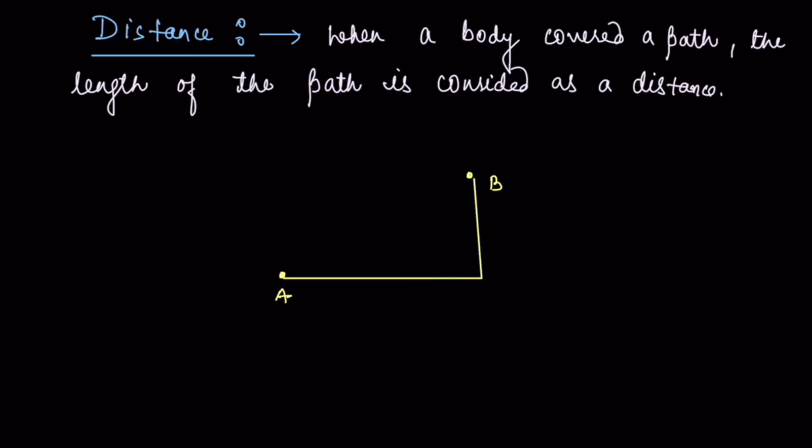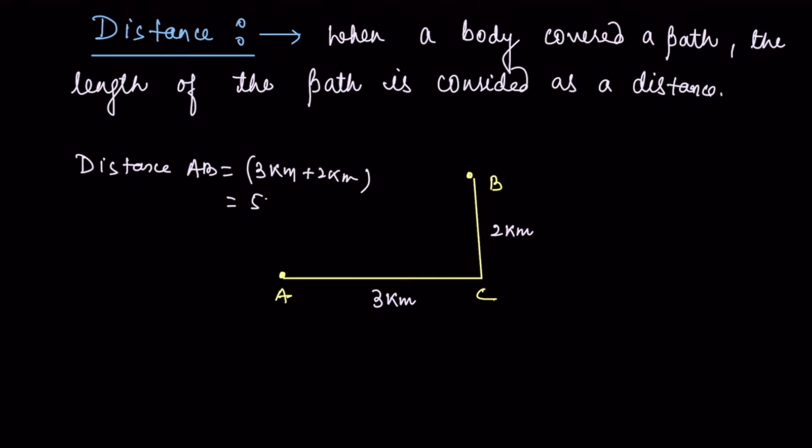It first goes to C and then B. So if we consider AC as 3 kilometer and BC is 2 kilometer, what is the distance here? The distance of AB will be considered as 3 kilometer plus 2 kilometer equal to 5 kilometer.